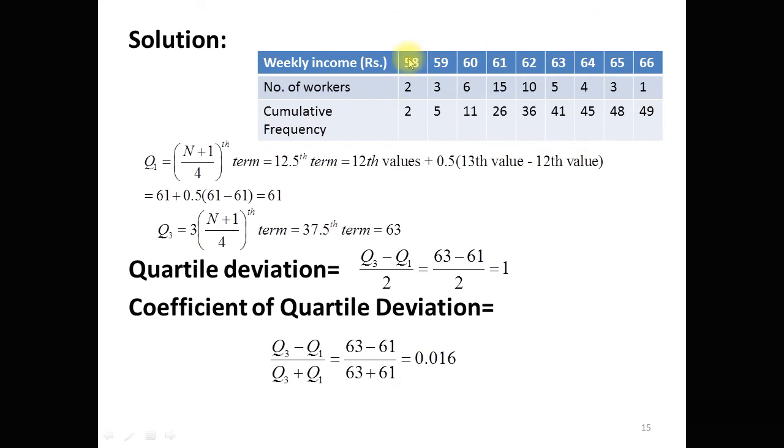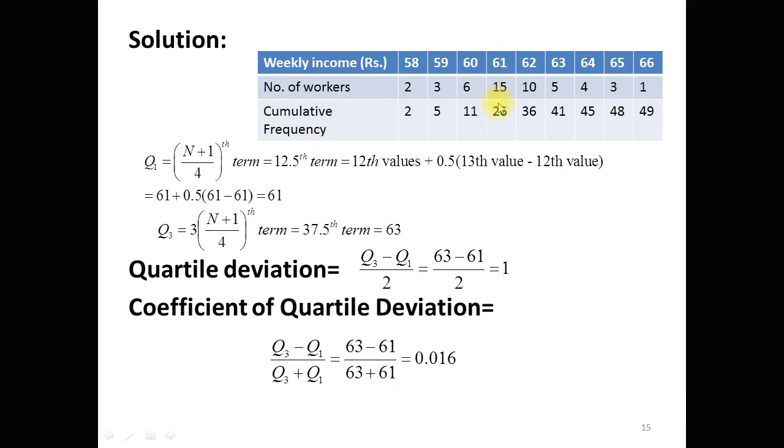So the values are 58, 59, 60 and 61. So dear students, note that from position 1 to 2, 58 lies, from position 3 to 5, 59 lies, from position 6 to 11, 60 lies, and from position 12 to 26, 61 lies.